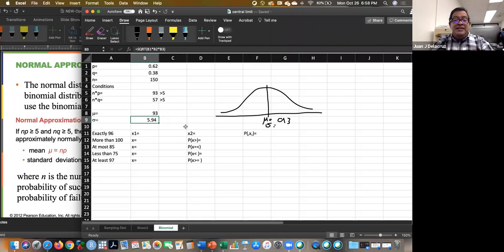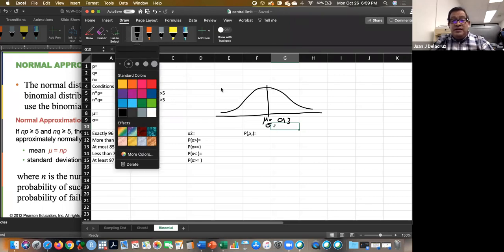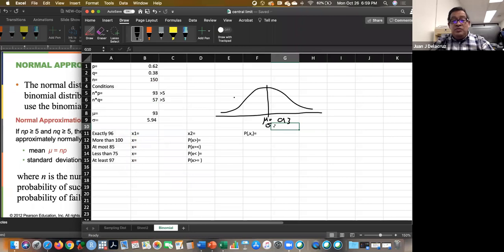I multiplied them and took the square root, and this is my standard deviation, 5.94. So now the question is, what is the probability of exactly 96?